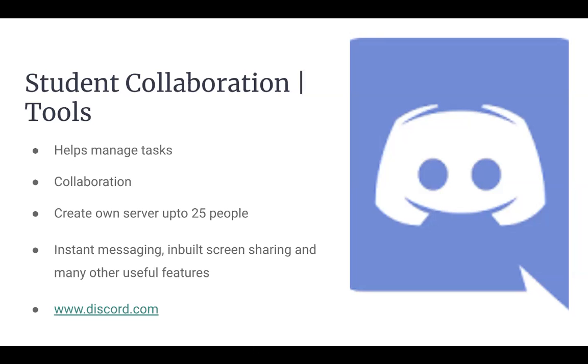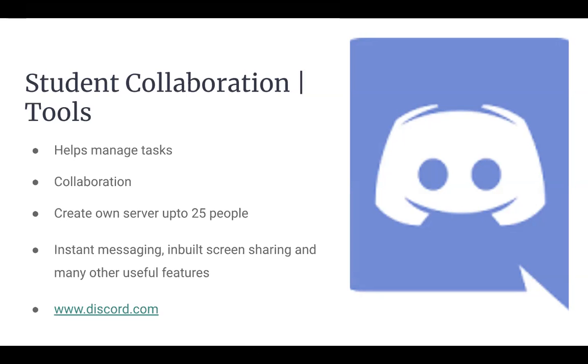It can be used for free, and it gives a lot of features like inbuilt screen sharing, inbuilt mobile screen sharing, and inbuilt video conferencing. It has bots in it, and you can create assignments together. You can talk together. You can also do assignments together, and it's an instant messaging service.